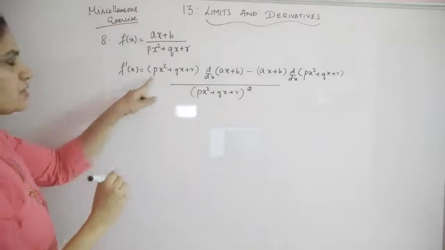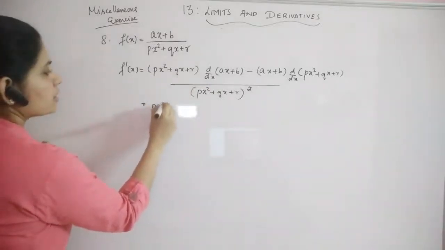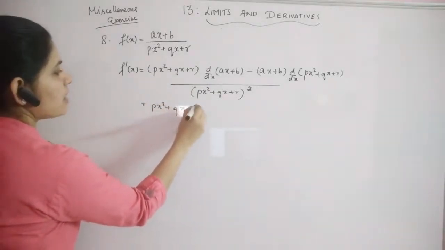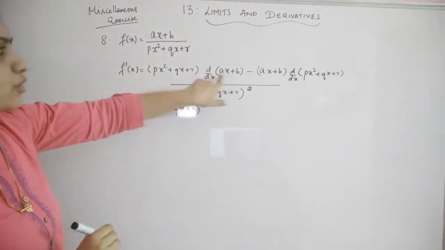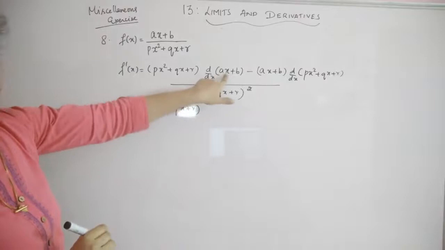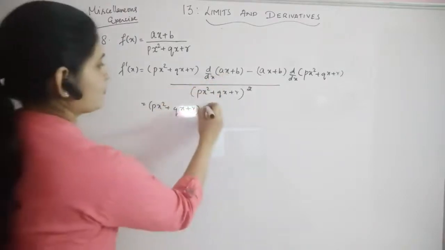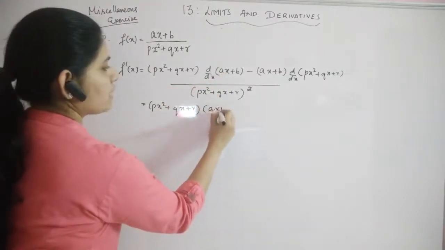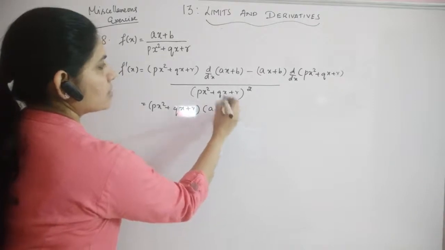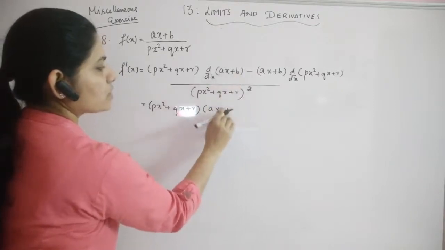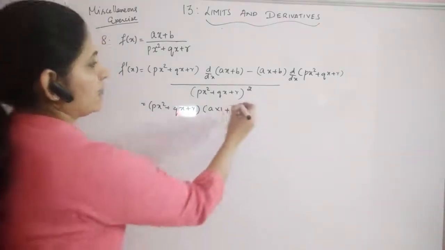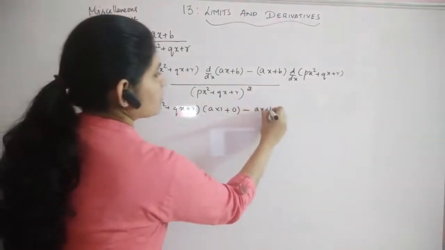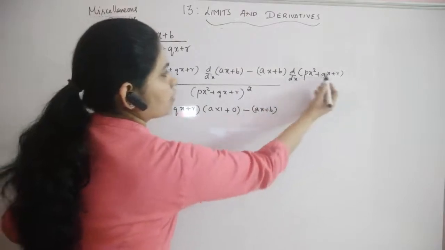which is equal to, again this is (px² + qx + r) into the derivative of ax + b, which will give you a into the derivative of x, which is 1, plus the derivative of the constant b, which is 0, minus (ax + b) into the derivative of this term.